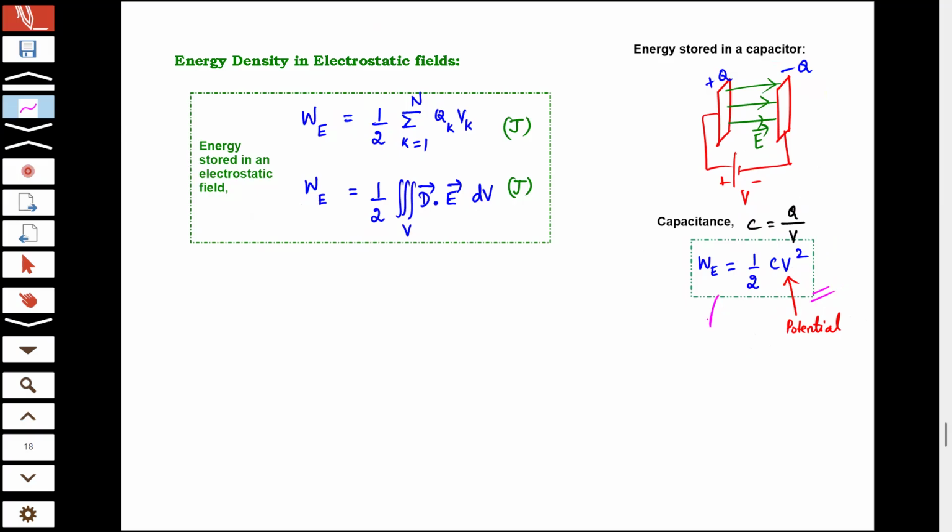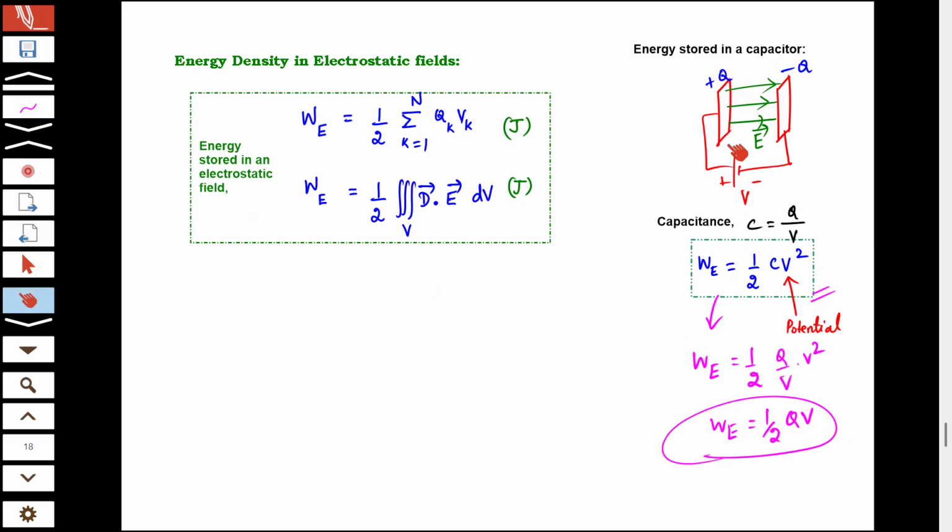Now, if we write this in terms of charge and potential, we can write energy stored in the electric field. Here W is the energy or work done, and suffix E indicates electrostatic fields. So we can write 1 by 2, this capacitance can be written as Q by V, into V square, which gives half into Q into V. So this is the expression for energy stored in terms of charge and the potential.